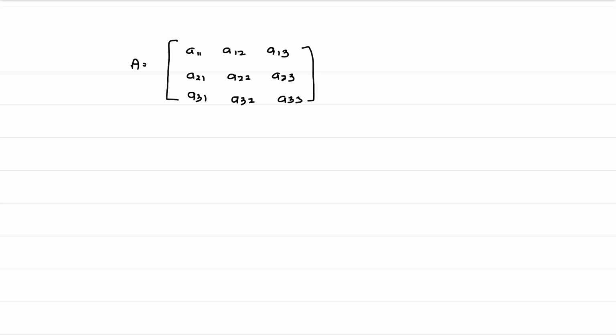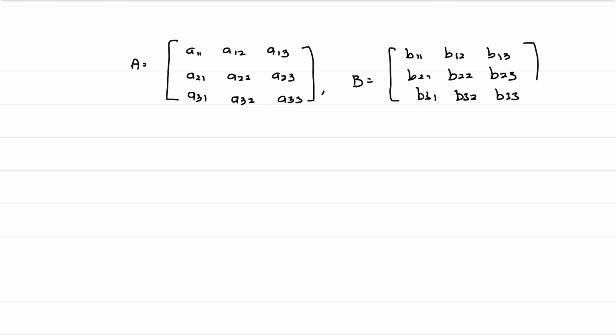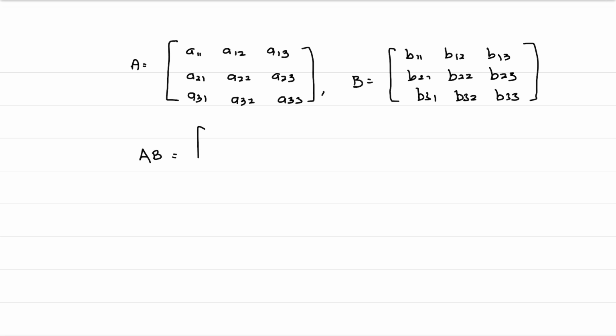One matrix. And another matrix B is there: B11, B12, B13, B21, B22, B23, B31, B32, B33. When they are multiplied, A into B, what happens?